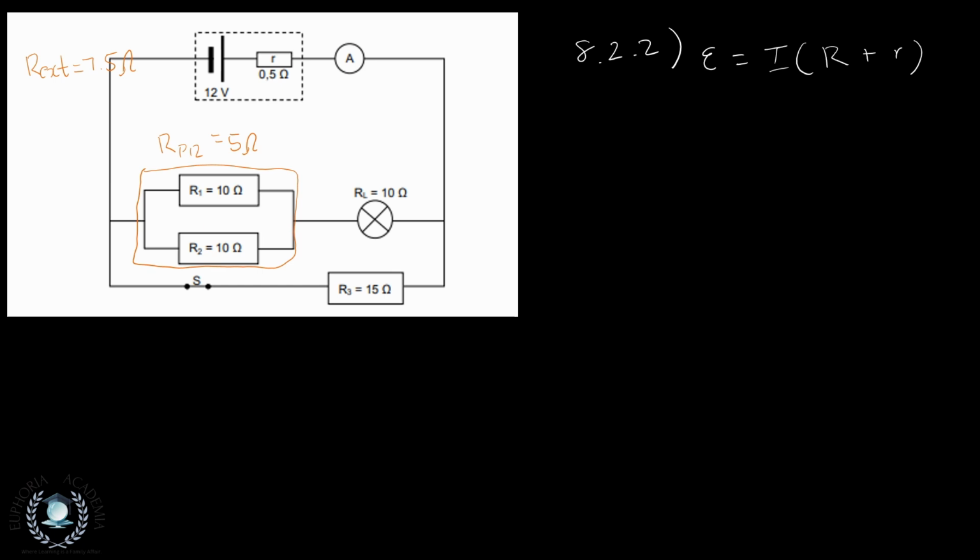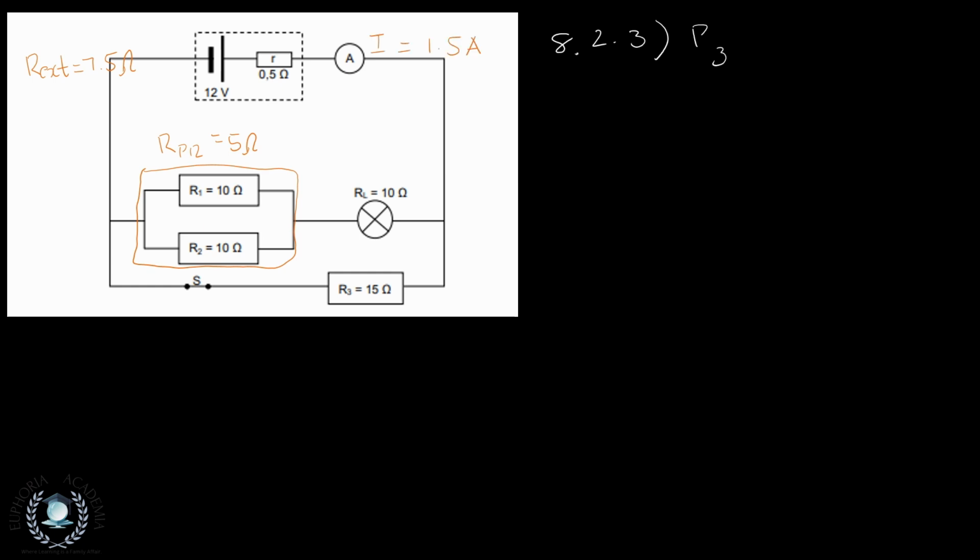We are told that epsilon is 12 volts and we don't know our current. Our external resistance is 7.5 ohms and our internal resistance was given as 0.5 ohms. When you do the mathematics, you find that the total current across this whole circuit is equal to 1.5 amps.